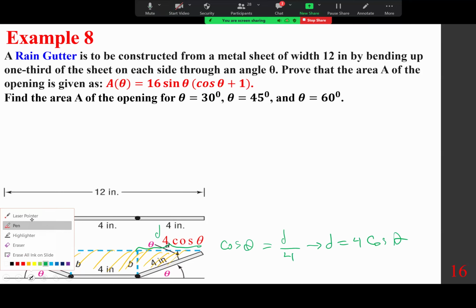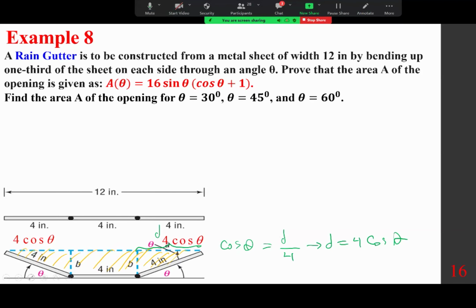When we bend this to an angle of theta, this distance is what? 4 cosine theta. This distance remains as 4. And this distance again is 4 cosine theta. So A, the area, is half of h times b1 plus b2.